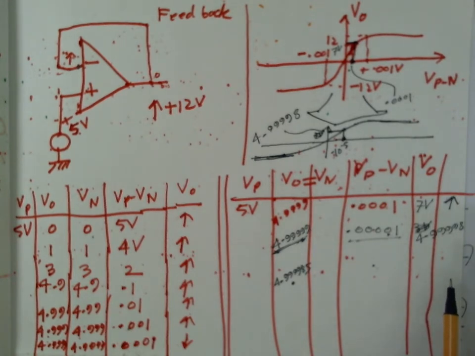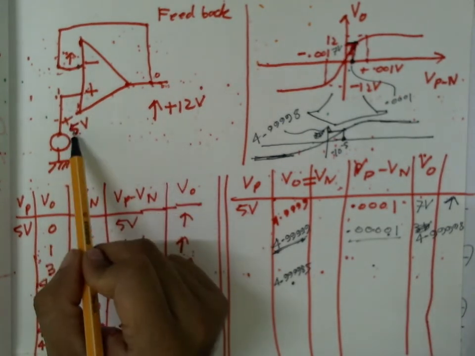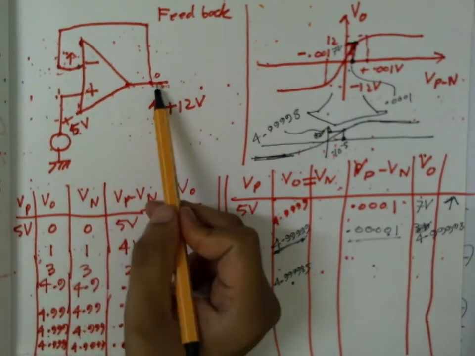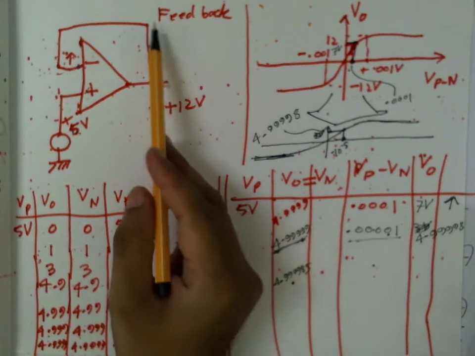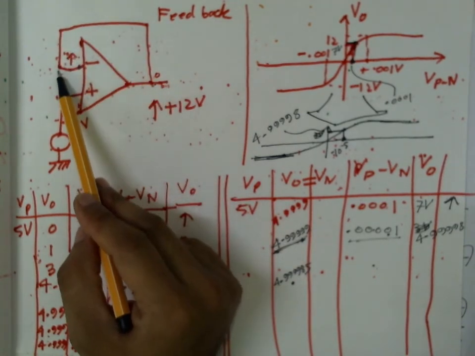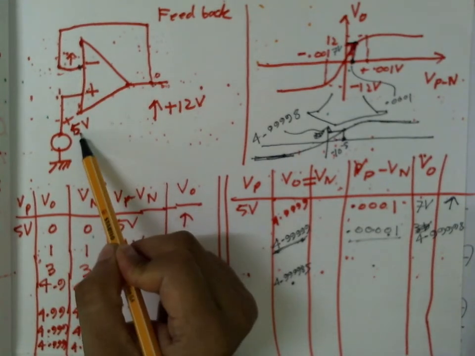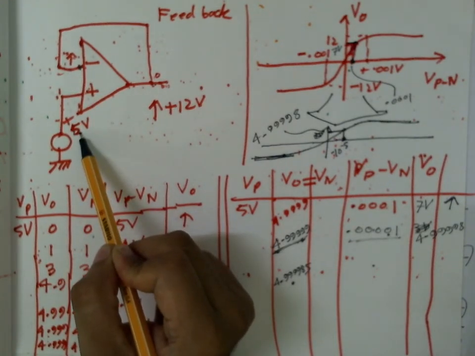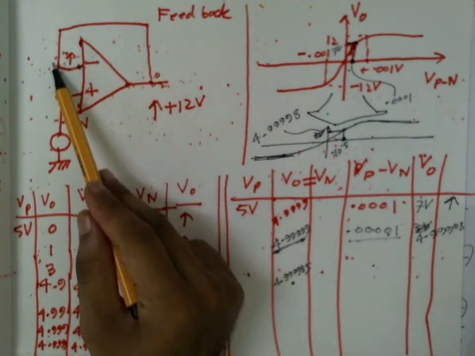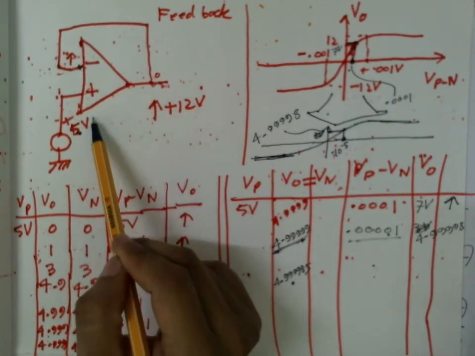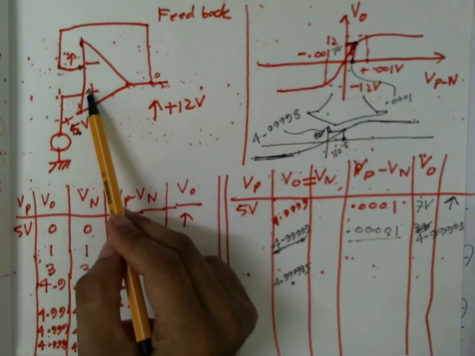Okay, so this is how we can do it. So I always think like this, that if I give a 5 volt supply, the output will try to increase until the value is very close to 5 volt, something like 4.999985, until the output is close to that, and then the difference is very small.